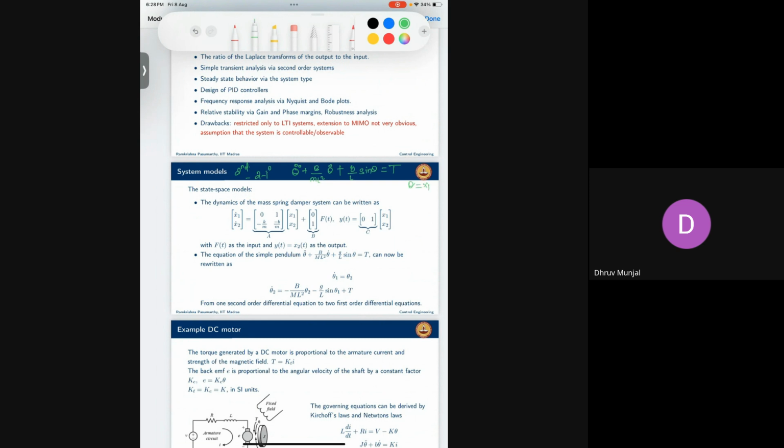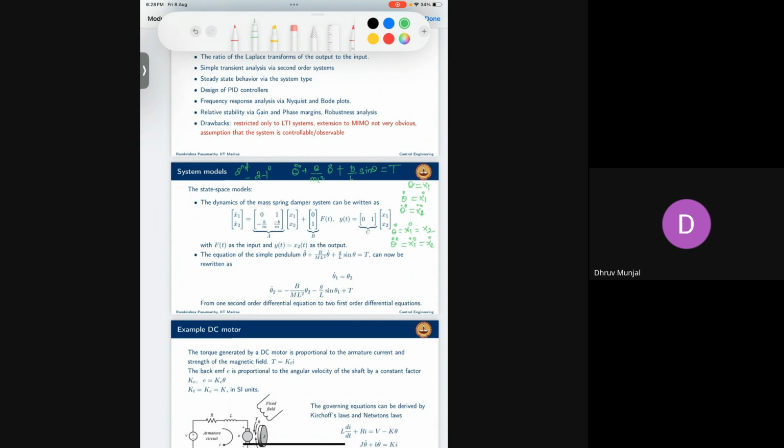So if theta equal to x1, differentiating both sides, theta dot is x1 dot, right? Theta double dot equal to x1 double dot. Now it is clear. I'm going to assign this x1 dot, that is theta dot, to another variable x2. So double differentiating this will give me x2 dot.